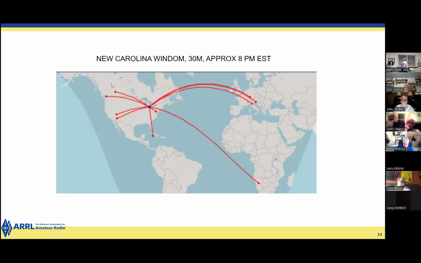Here's an RBN, reverse beacon network pattern, on 30 meters. You can see I get all the way from the West Coast to the center of Europe, dropping down into Africa, the Caribbean, actually down into South America also.